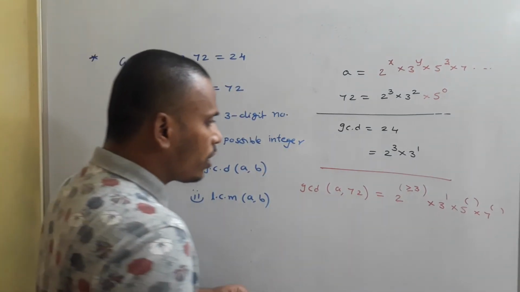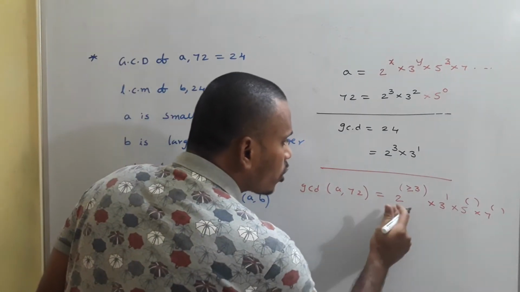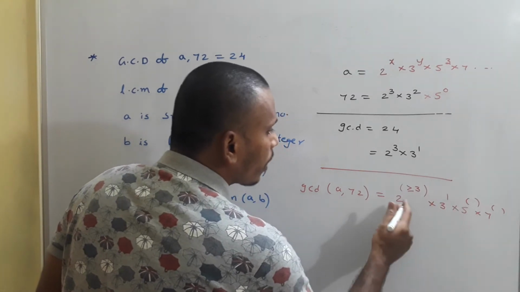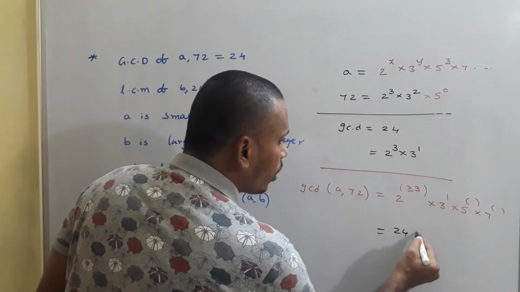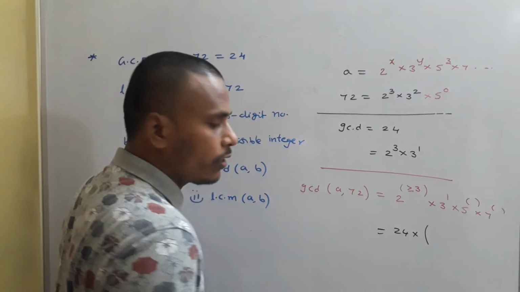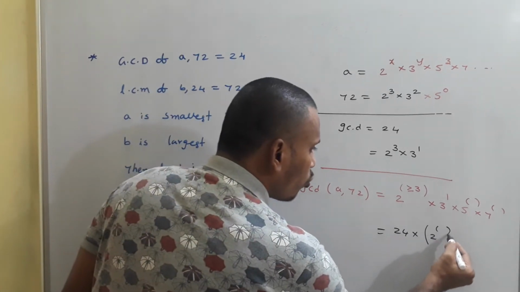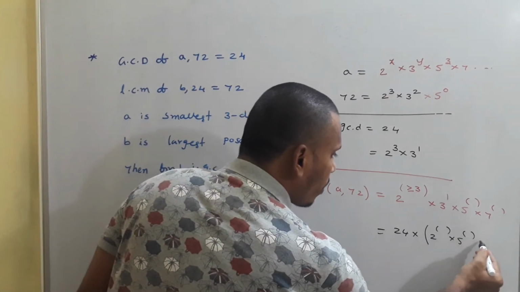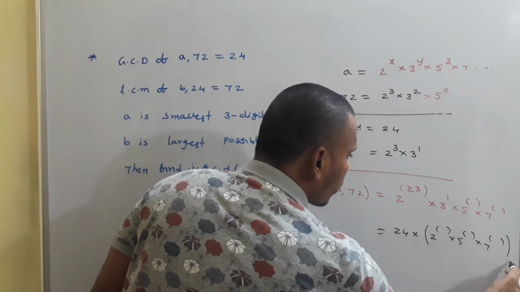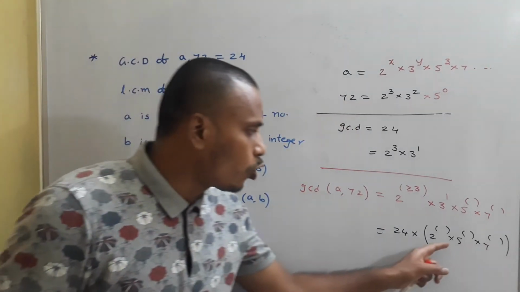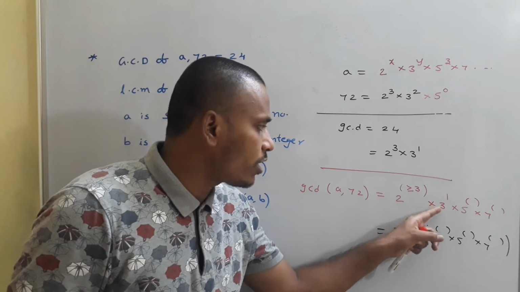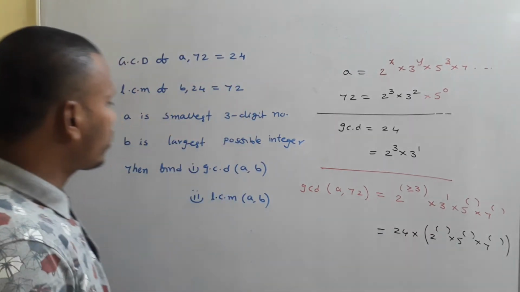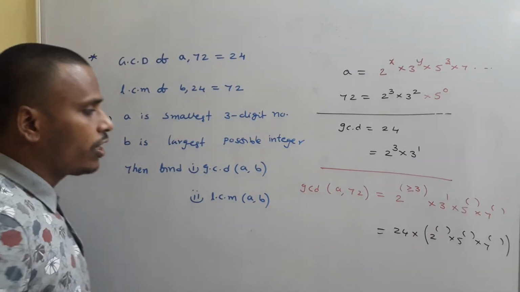And when you observe this, the minimum possibility is 2 cube into 3, which is 8 into 3 is 24. 24 into something you can write. 24 into 2 power something into 5 power something into 7 power something you can write. You can't use 3 here, because 3 power 1 is fixed. As per the problem, A is the smallest 3-digit number.